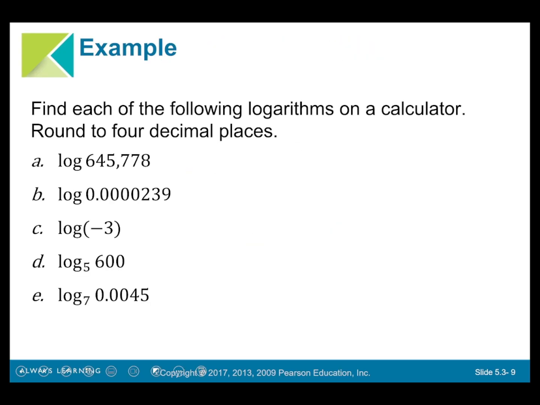So let's do that with these examples where it's a little bit trickier to actually figure out the decimals. So here we would be log base 10. So 10 to the what gives me 645,778? Well, let's go to our calculator and see what it is.